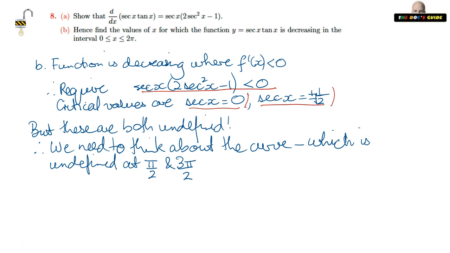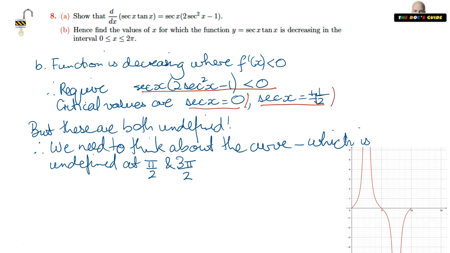And to do that, I think is really extension 2 work, to look at the curve of sec x tan x. And the curve looks like this. We can come up with it by taking a few critical values. So for example, tan x is undefined at pi on 2. So the product will be undefined at pi on 2, or at multiples of pi on 2, which is here and here.